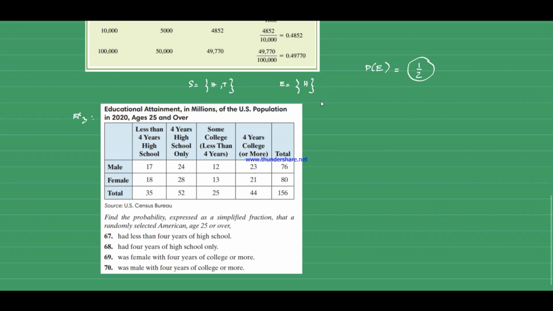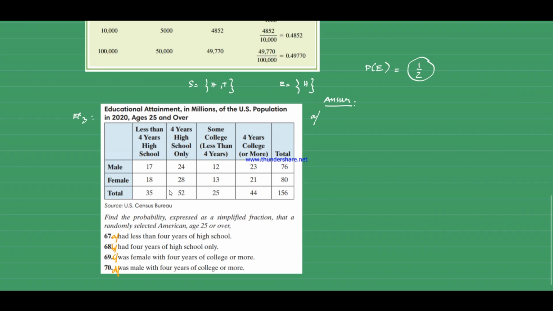Okay, so let's see how we're going to do this. This is question A, B, C, D. The probability is for a random selection from people age 25 or over.